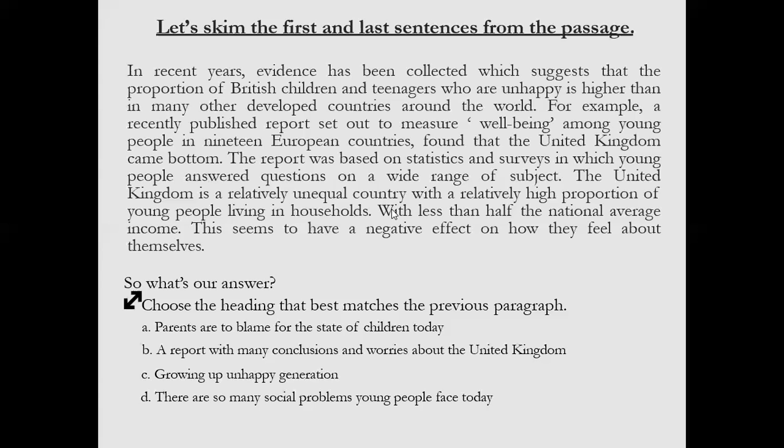Okay. Then, parents are to blame for the state of children today. Do you think that this is the whole paragraph about parents? Okay, this is just a line that says that. Let's look at the information.